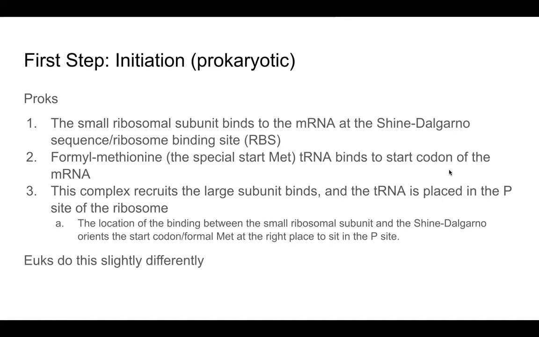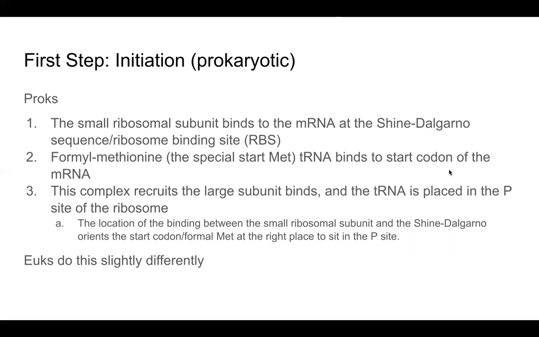No, sorry. Both of the subunits bind at the 5' UTR, I think at the 5' G cap specifically, and then they just, what's the word, scroll, travel along the mRNA sequence until they find the first start site. And that's how eukaryotes do it, which is different than prokaryotes.